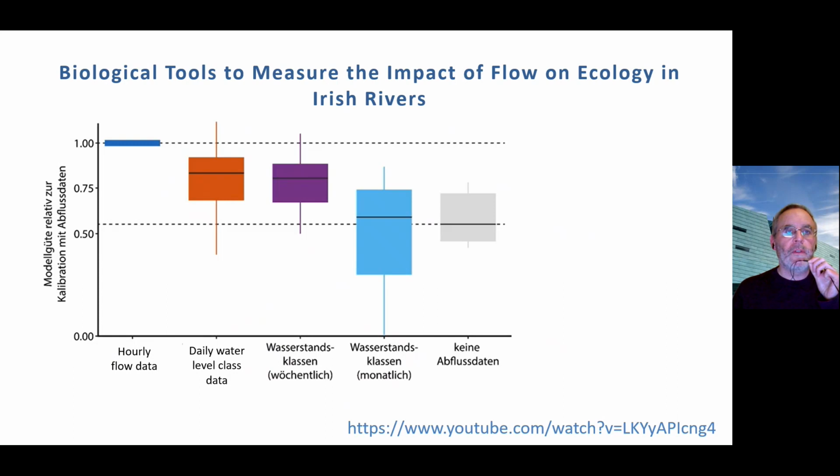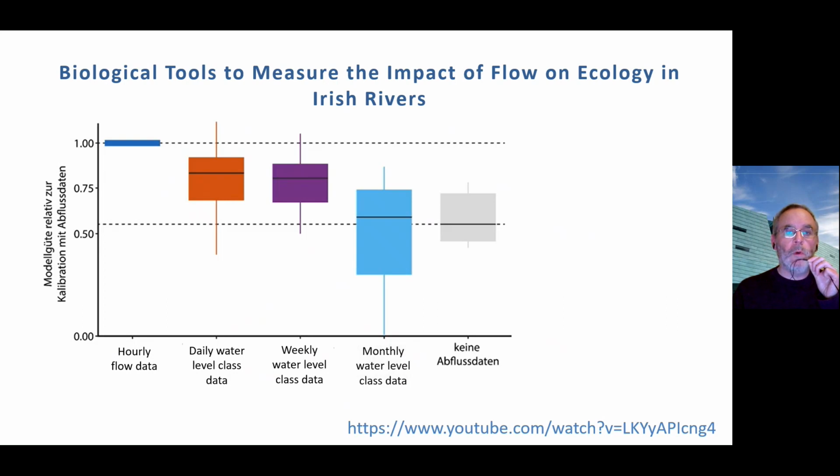They give quite good results. Not as good, obviously, as hourly flow data, but quite good. And if you go to weekly water level class data, there's not much difference. That's just about as good as using daily data.